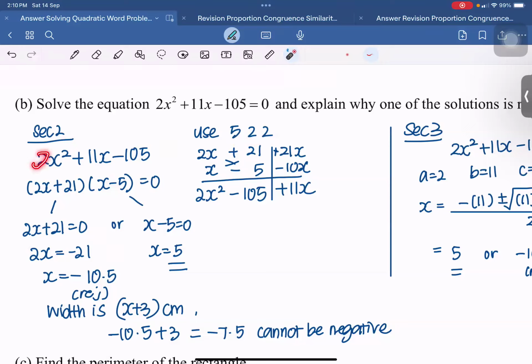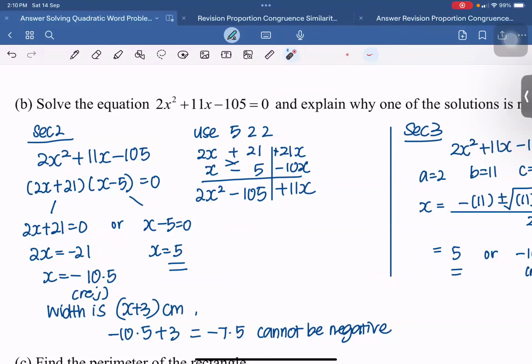So a is the number 2, b is 11, c is negative 105. You will get into your calculator a number, let's say negative 21 over 2. If it's negative 21 over 2, it means this one over here will become positive, and the 2 is with the x in front, then 21 is at the back.